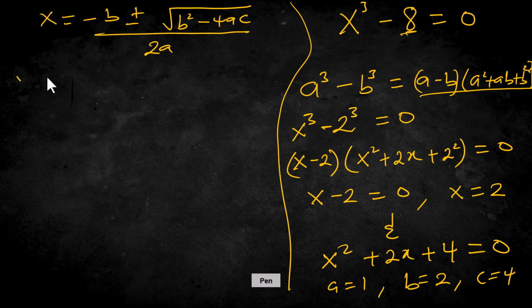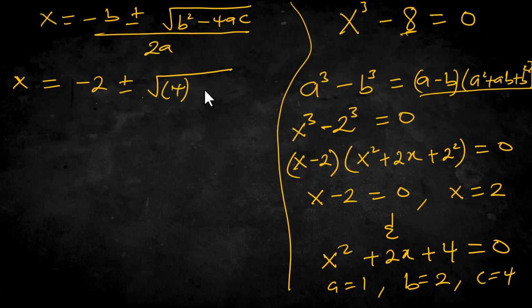So we have x equals minus 2 plus or minus the square root of b squared, 4 times 1 times 4, over 2 times 1.